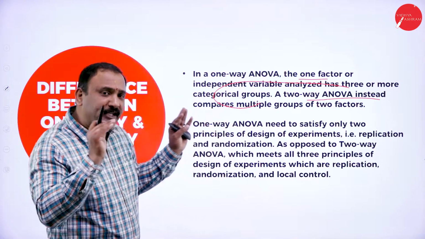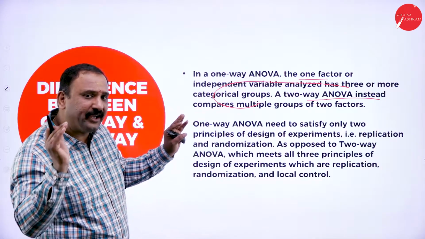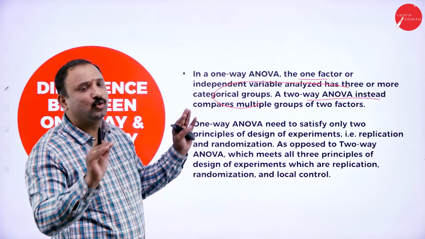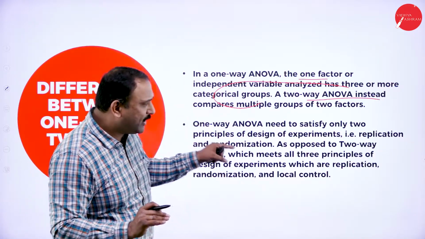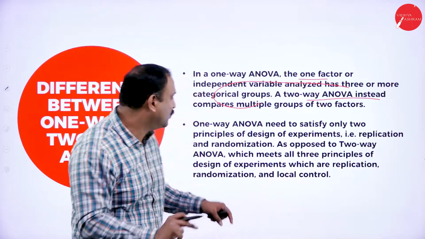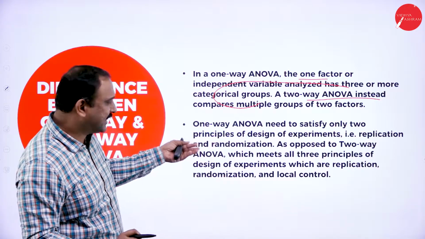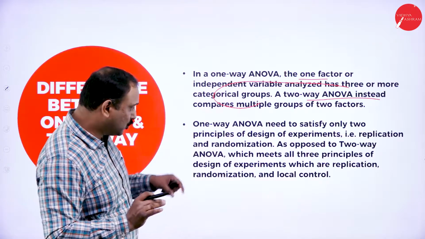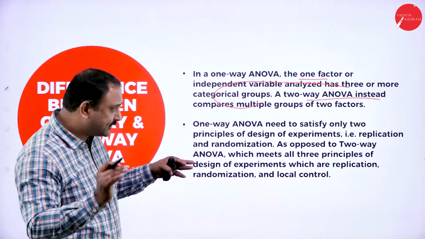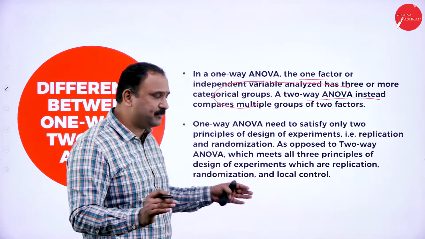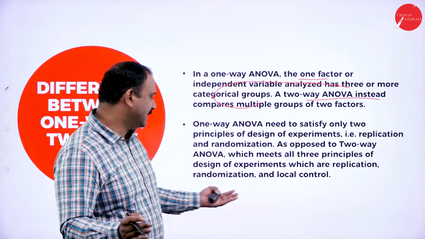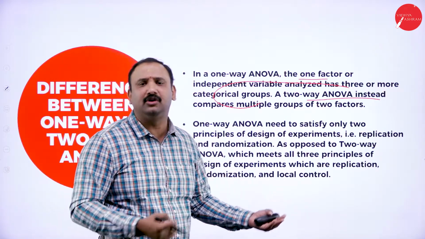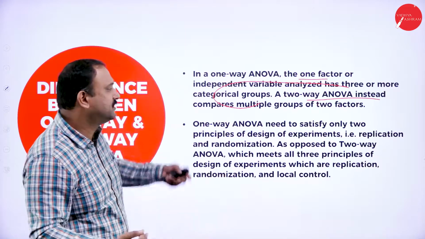So that's why the two-way ANOVA process will try to compare between the 2 different groups itself. One-way ANOVA needs to satisfy only 1 principle of design, replication or randomization, whereas the two-way ANOVA meets all the 3 principles of design of experiments, which are replication, randomization and local control. So that's a different process, different level altogether.